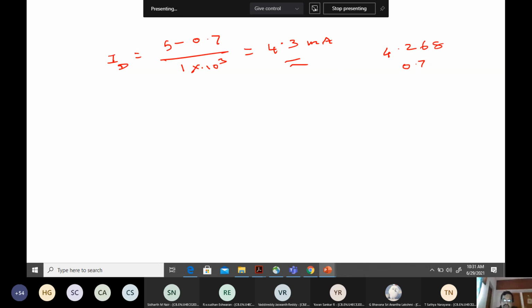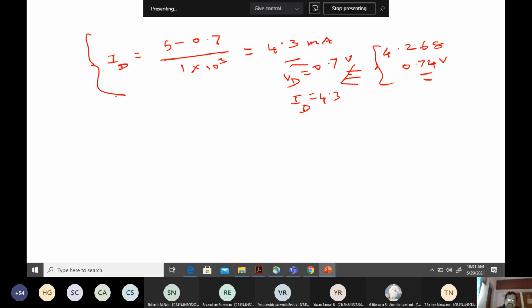Obviously, it will be lesser current, so it will be, I think, 0.74 volt, if I remember correctly. So these two values are not far from 0.7. Compare these values with VD equal to 0.7 volt and ID equal to 4.3.